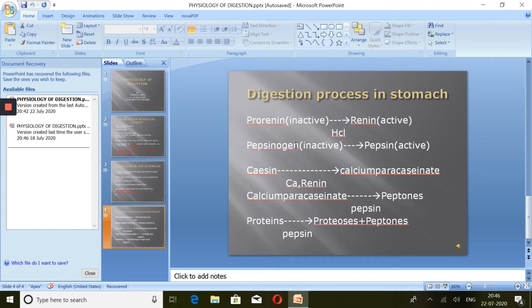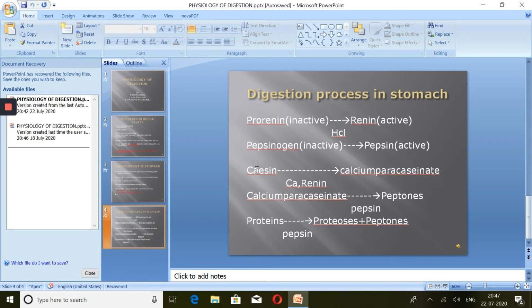Likewise, pepsinogen, an inactive form, in the presence of HCl is converted into active pepsin. This active pepsin and active renin act upon the proteins of the food. They digest the proteins present in the food.